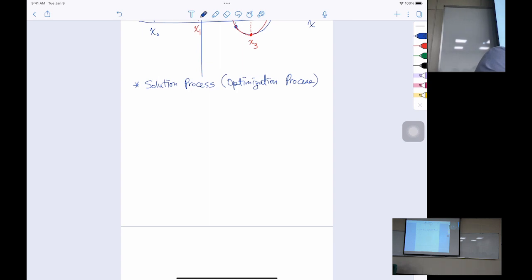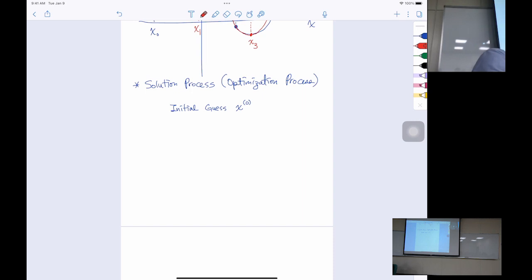So first, you need to have an initial guess. To avoid future confusion, from now on, I'm going to use a bracket with a number inside, placed at the superscript position.